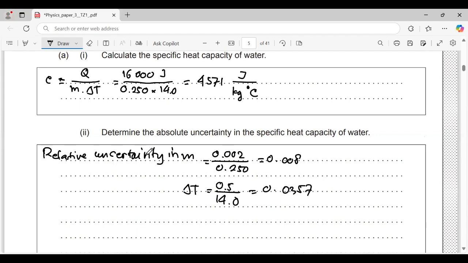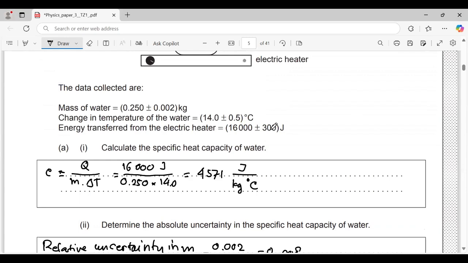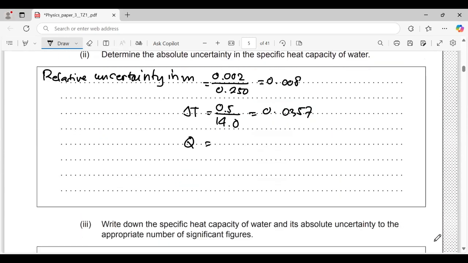The result is 0.0357. After that, the relative uncertainty in Q: 300 over 16,000, and the result is 0.01875.